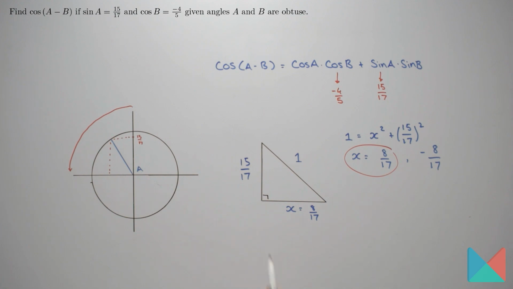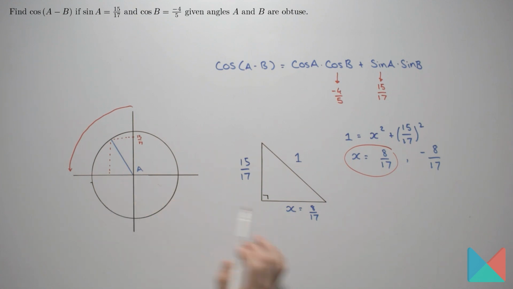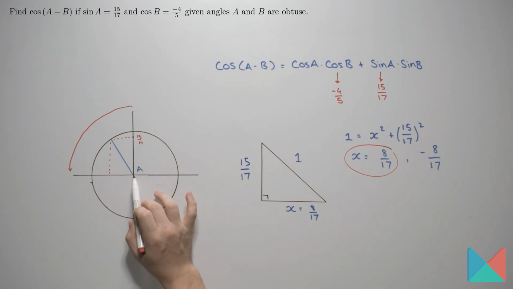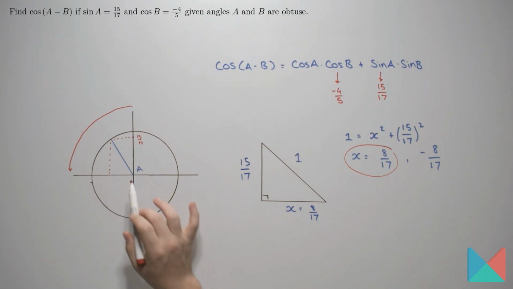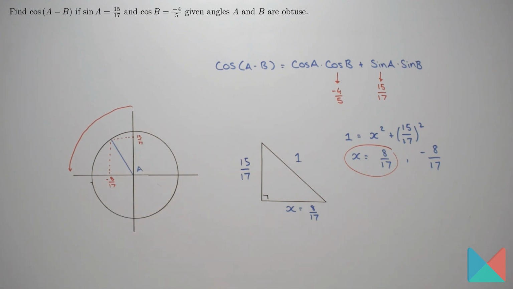Let's now translate our solution into the triangle in our unit circle. So we found that this distance here is 8 over 17 units. But as we're dealing with the negative x-axis, we're going to start from 0 and go left towards the negative values, and we're going to go left 8 over 17 units to this point here. So this value is going to be actually negative 8 over 17 units.